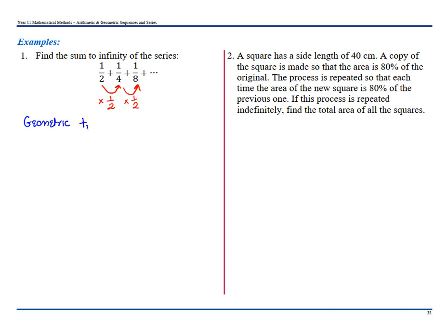Our T1, our first term, is a half, and our r is also a half. Our formula, by the way, is on your formula sheet, so make sure you can locate that. So it's a half divided by 1 minus a half, which is a half divided by a half, which is 1.